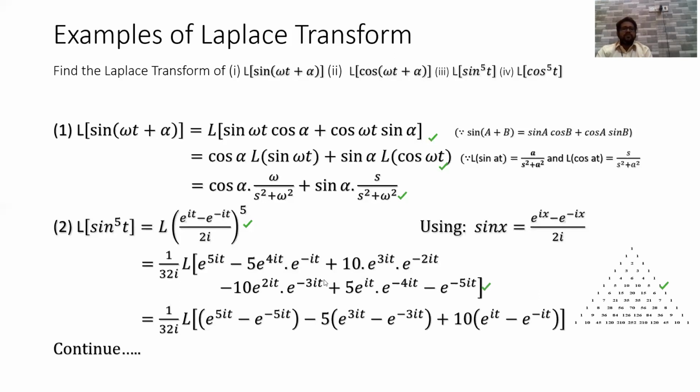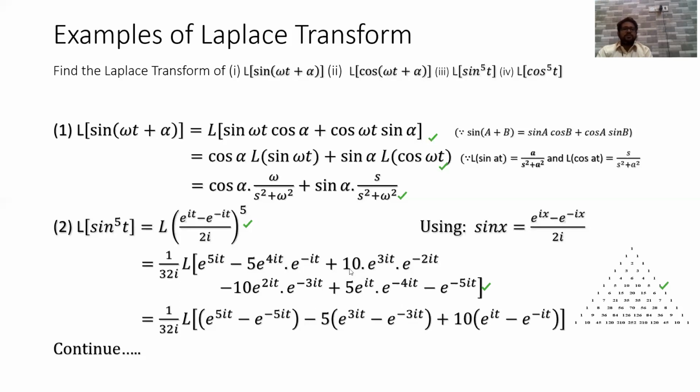Now we have to collect the terms in the form of sin x. So here e raised to 5it and here also minus e raised to minus 5it. Then solving by the law of indices, we get e raised to 3it. Here also we solve by the law of indices, so e raised to minus 3it minus e raised to minus 5it is common.